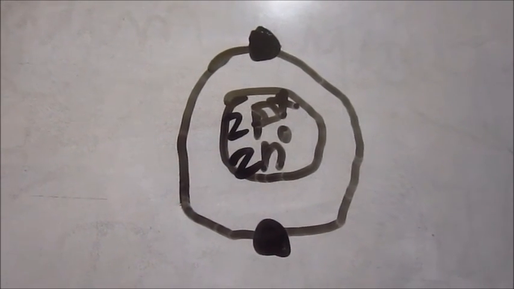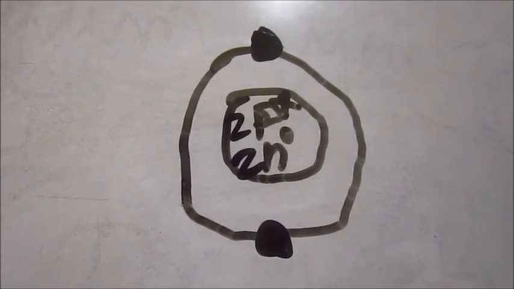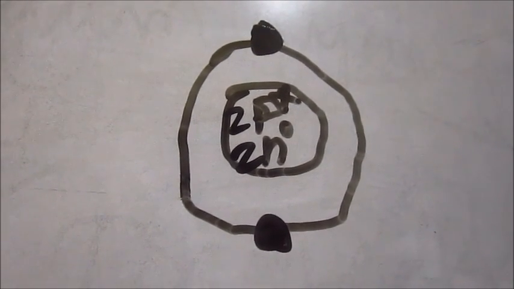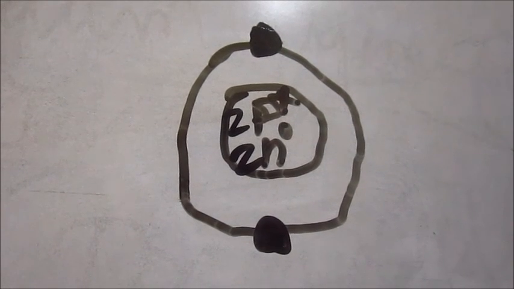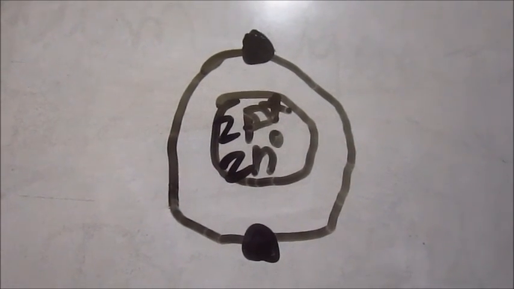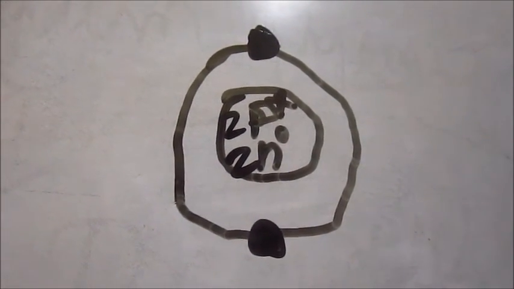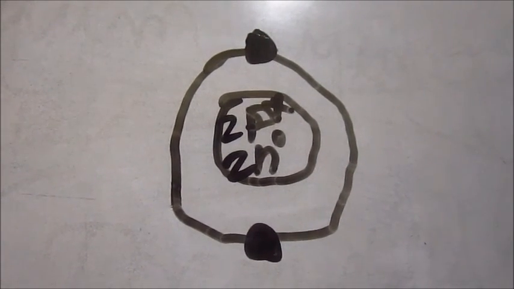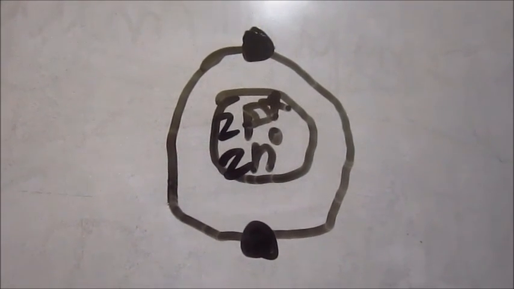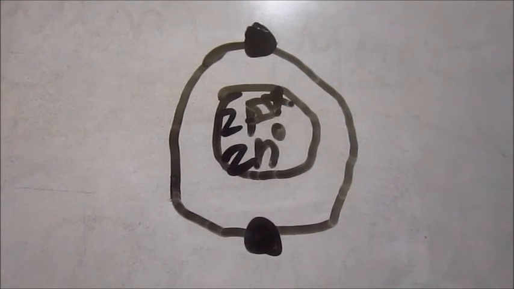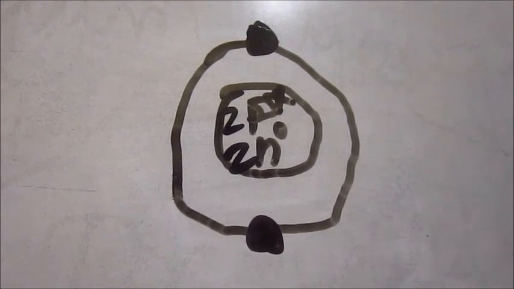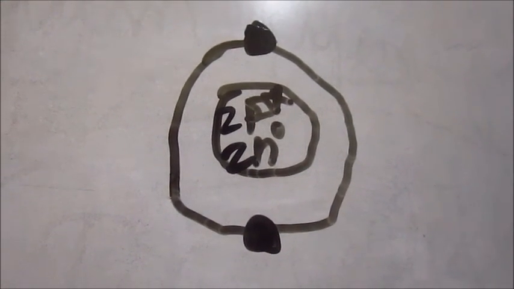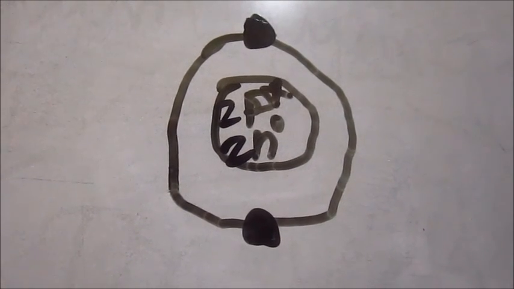So it was concluded that within the nucleus some particles were present having the same mass as protons but no electric charge. They were named neutrons. In 1932, Chadwick discovered the neutrons, and some other particles like mesons, neutrinos and quarks were discovered later.